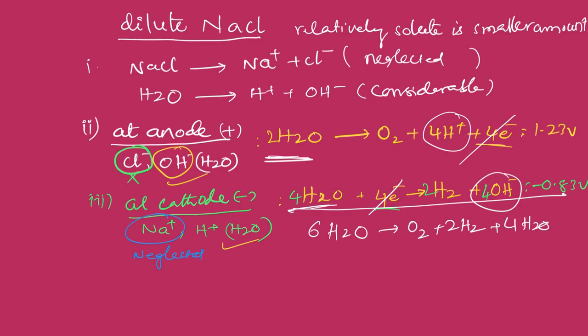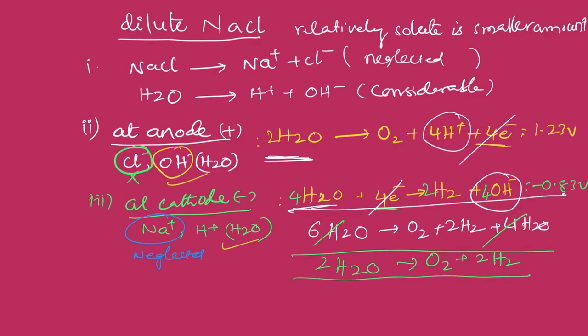Now in this, 4H2O cancel, how much is left? 2H2O converts into O2 plus 2H2. This is the net equation. This is also known as water electrolysis.